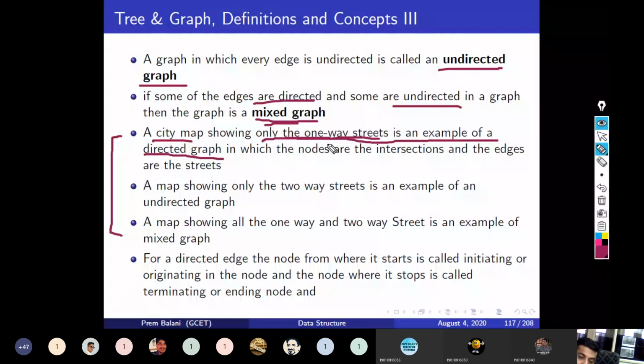That's why a city map showing only one-way streets is an example of a directed graph. And if you take a map in which you show only two-way streets, you cannot say directed. That's why it's an undirected graph. And a map showing one-way and two-way streets is an example of a mixed graph, right?